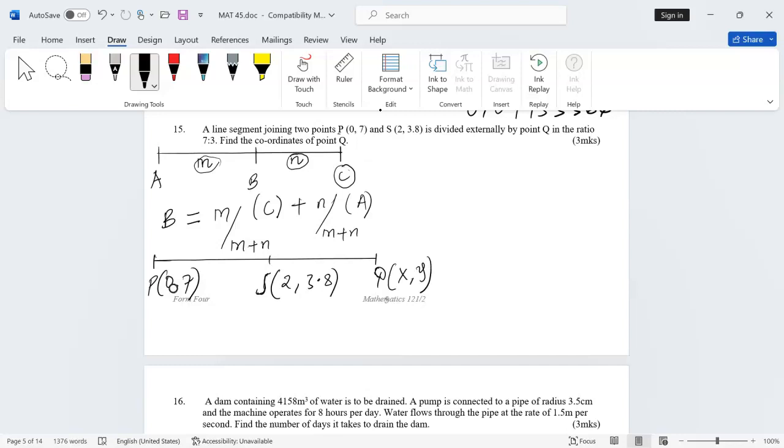The ratio is, remember there is the word externally, by point Q in the ratio 7:3. So 7:3 means that from P to where the divider is, so from P to Q, there are 7 proportions, then back to S, 3 proportions. If we are moving from P to Q for 7 proportions, then back to where S is 3 proportions, it means we have 3 proportions at this point.